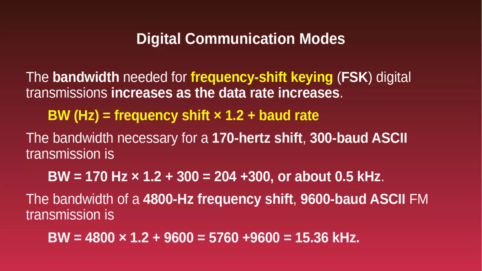There are 8 tones, so you're sending 3 bits with each symbol, and a symbol is going to be composed of one of those 8 frequencies, and it's actually around 1500 hertz, and then that frequency shift.